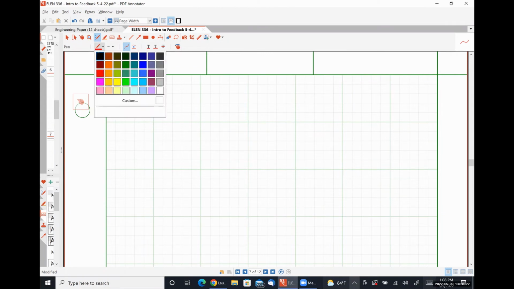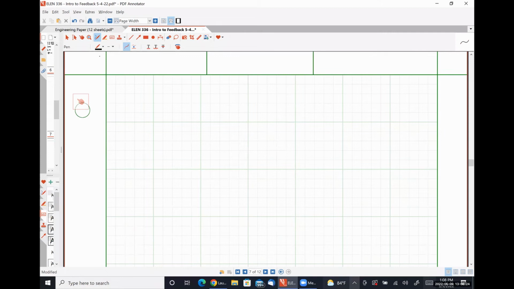So I'm going to draw a signal flow diagram for a system. Okay. Here's our input signal, X of S. Here is our mixer.